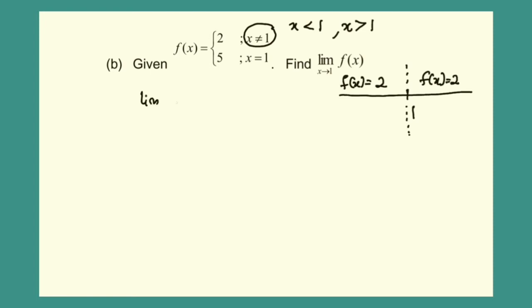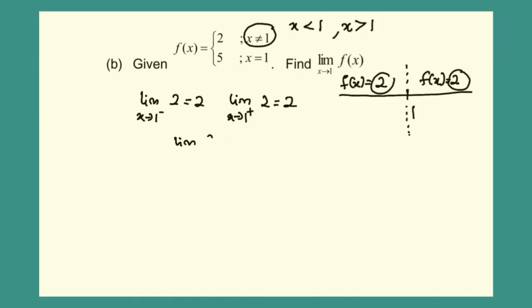Now limit for x approaches 1 from left. The function at left is 2. Then the answer is 2. And limit for x approaches 1 from the right. The function at the right equal to 2. And then the answer is 2.